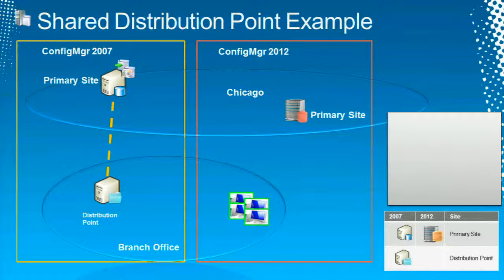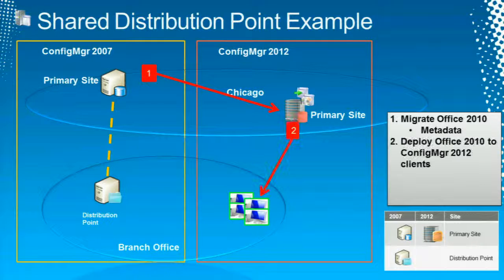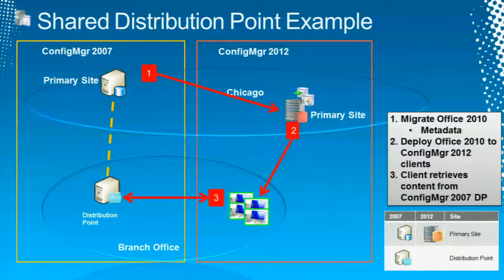So here's that same migration of Office 2010, but now using shared DPs. So we migrate over our Office 2010 metadata from 2007 to 2012. We set up a shared DP environment, and now we deploy the Office 2010 package to our clients that are 2012. The 2012 clients then retrieve that content from the 2007 DP.